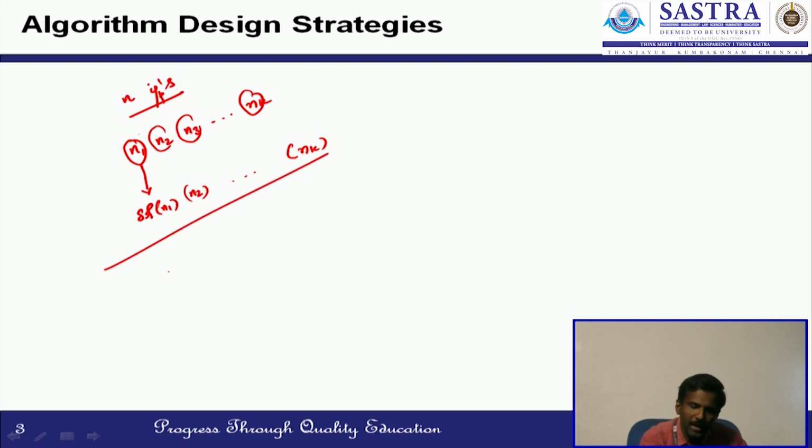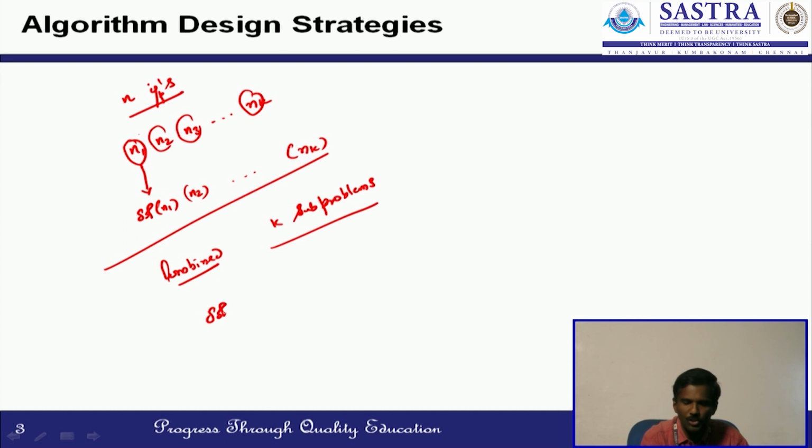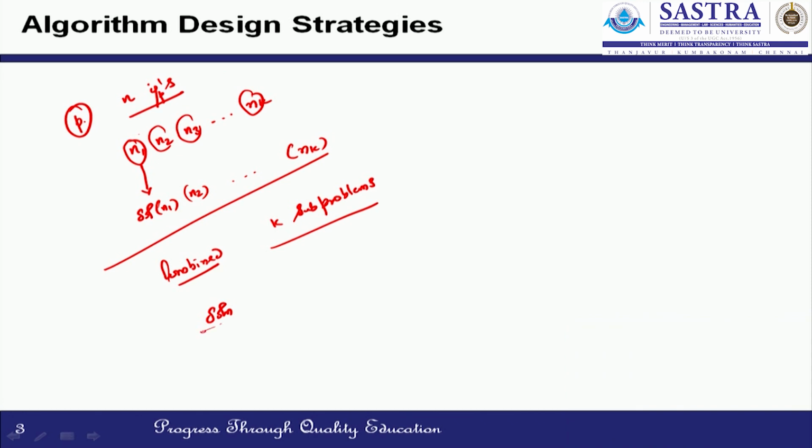Finally, we have combined the solutions of all these k sub-problems, so that the solution to the problem P with n inputs is obtained by combining the solutions of these k sub-problems. This is the logic of divide and conquer.